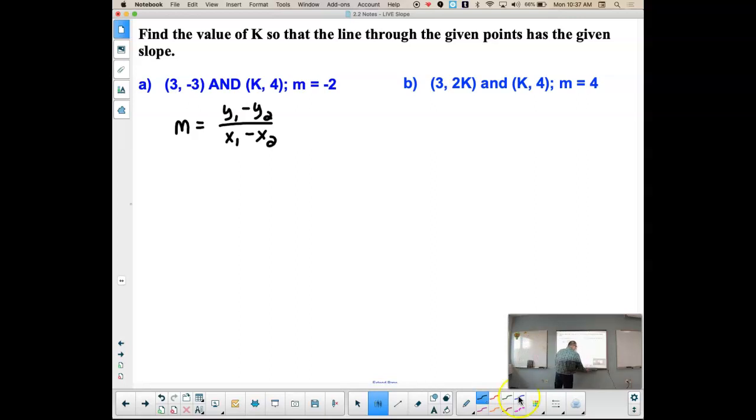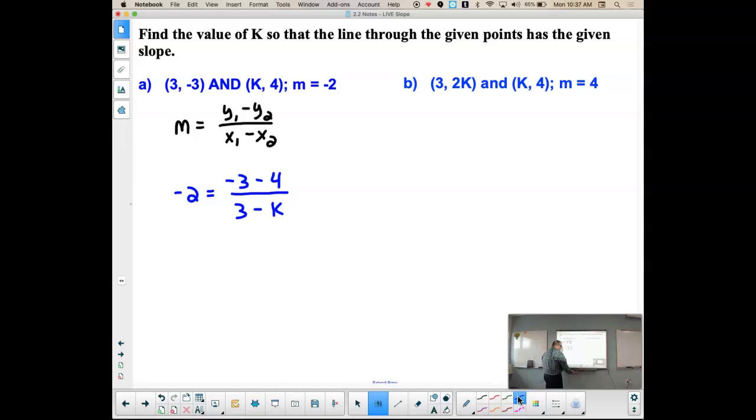I know that the slope is -2. I know that my first y is -3. My second y is 4. My first x is 3. And my second x is k, what I'm looking for.